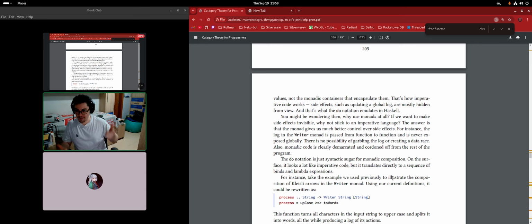Because if it can interact with things outside of it, it can launch missiles when you don't mean to. Exactly, you can do any random things that you can think of, and then the program becomes unpredictable because maybe it's reacting to the effects that are happening outside. And that is the entire notion of a side effect. So that's why it is a big deal to have control over the side effects.